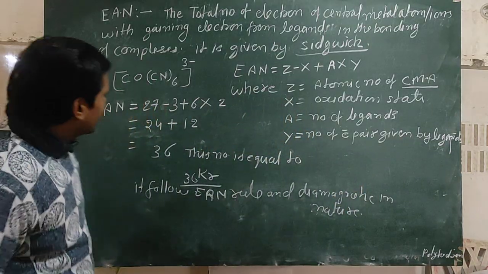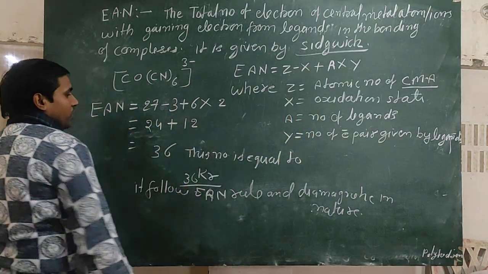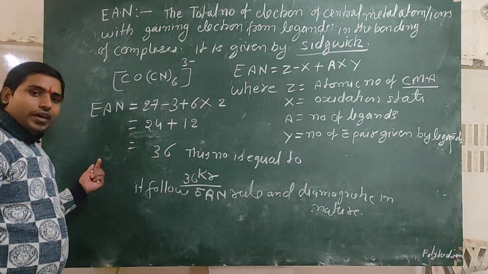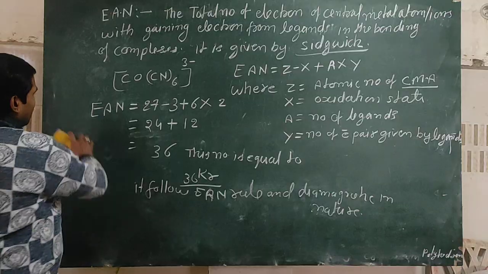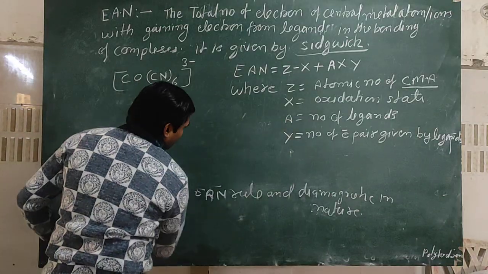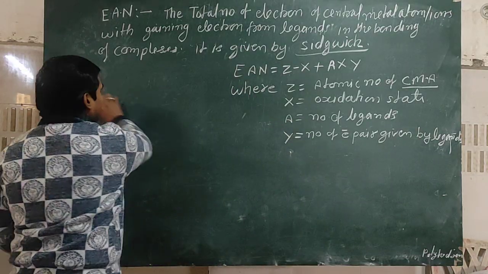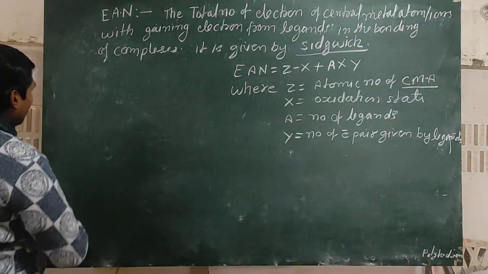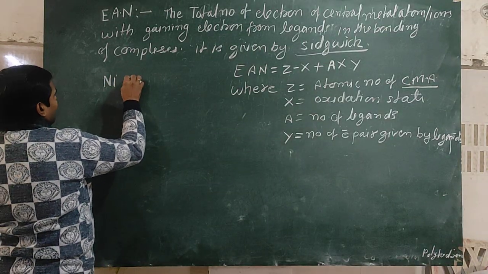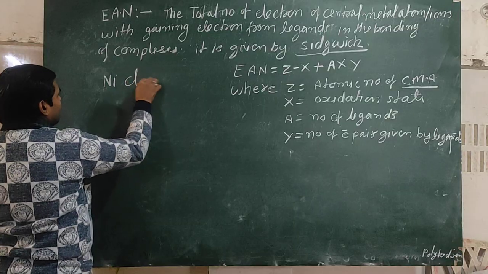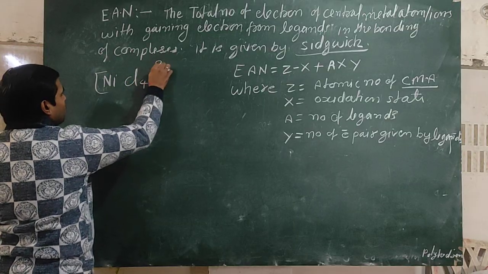If we try to understand another EAN case, we can take another example. For example, NiCl4 2-.